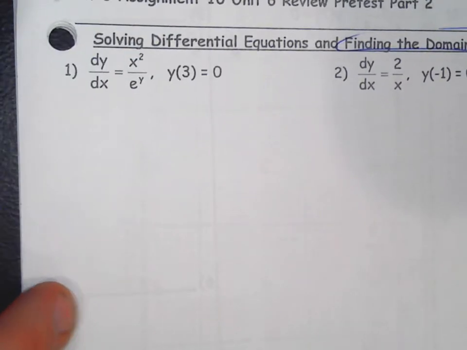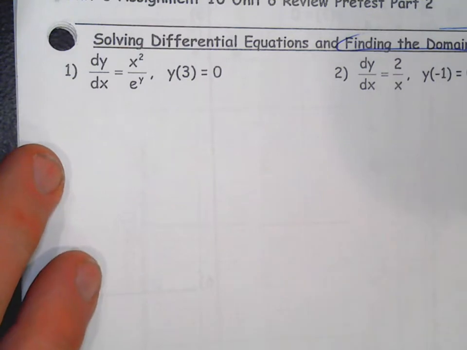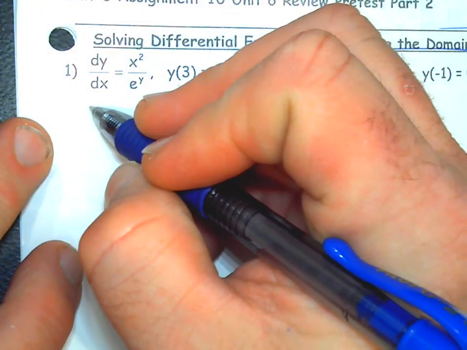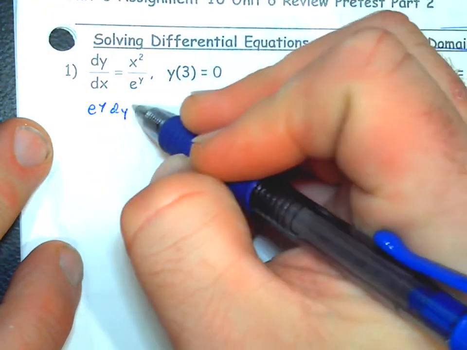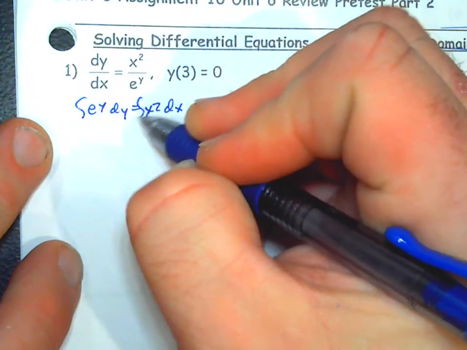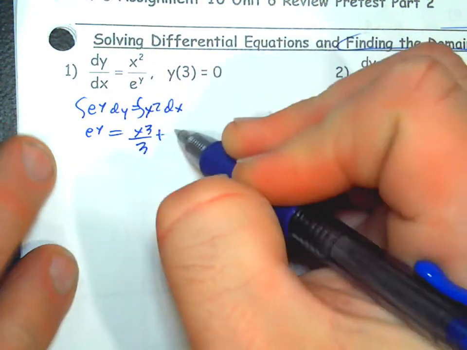All right, so this is pretty much Calc AB, unless some of the new integration techniques come into play, which is possible. Okay, so we have to separate the variables, integrate both sides: e to the y equals x cubed over 3 plus c.